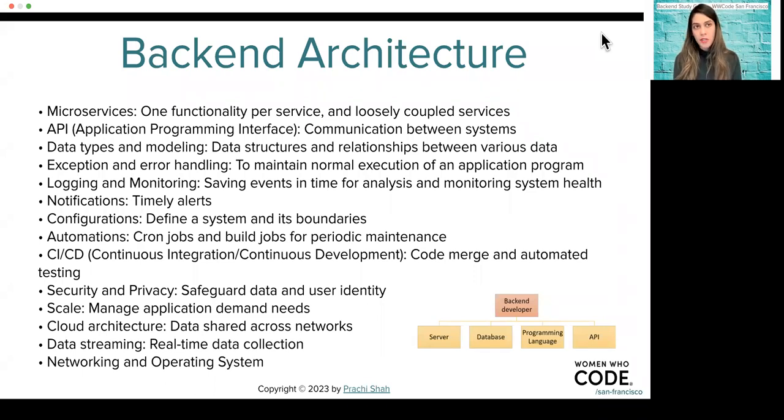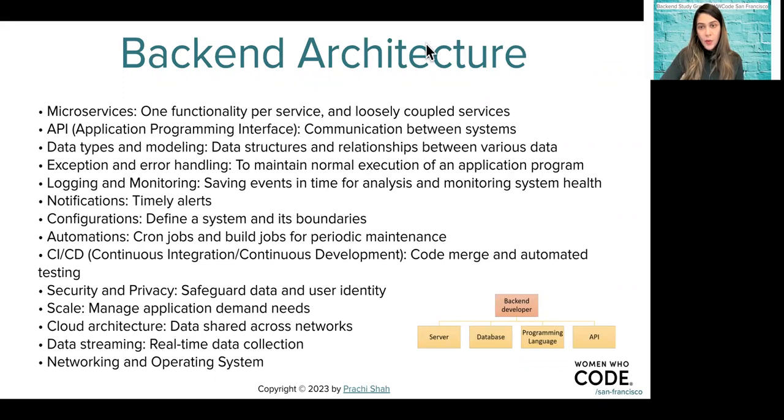That's why cron jobs or build jobs can be very, very useful. CI/CD is continuous integration and continuous development, where you focus on code merges and automated testing, and basically shipping or deploying your applications faster.